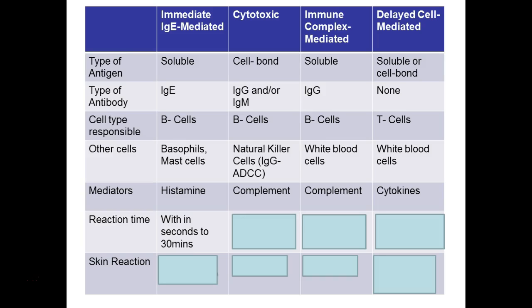Cytotoxic. This can take a few hours, even days. For immune complex mediated, again, this varies quite a bit, from hours to days. For delayed cell mediated, as the name implies, this is going to take a while, right?